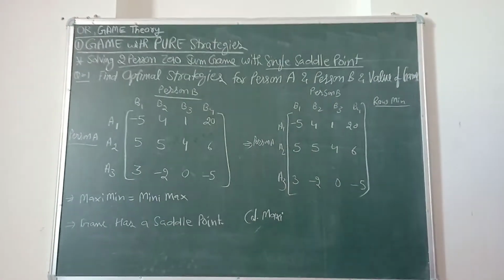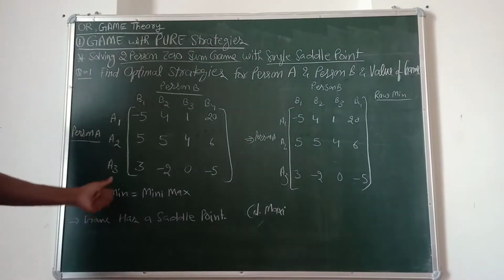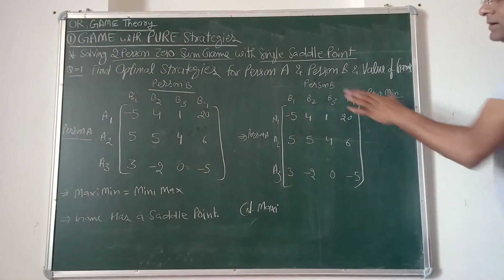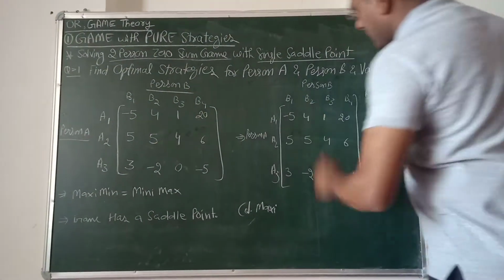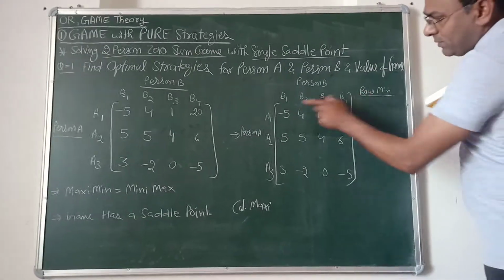Now for solving this question, first of all we have to find the maximin value. We will move towards this payoff matrix again, and now we have to find the row minimum values.